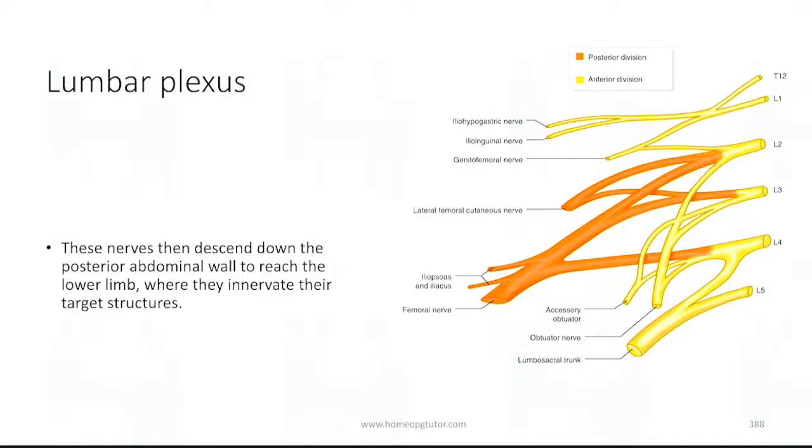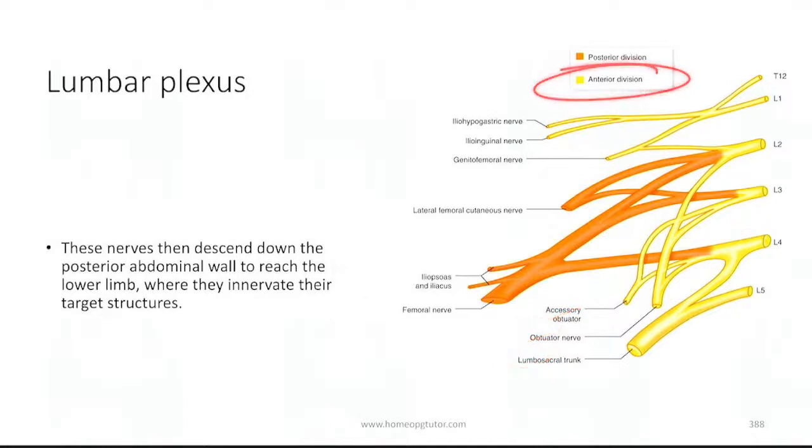But here there is nothing that complicated. Just remember the names of the nerves. Iliohypogastric, because it is a lumbar plexus, right? So the term ilio, wherever you hear it, is connected to the lumbar plexus. Iliohypogastric, ilioinguinal, then genitofemoral nerve, then the obturator nerve, accessory obturator and lumbosacral trunk from the anterior division.